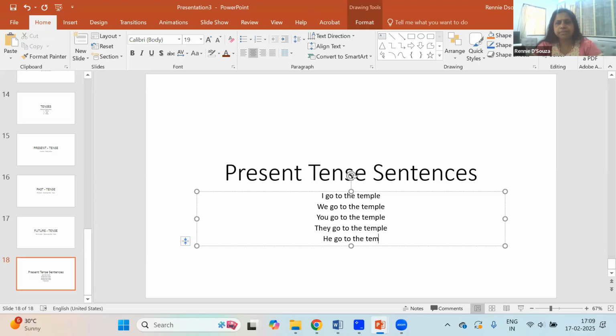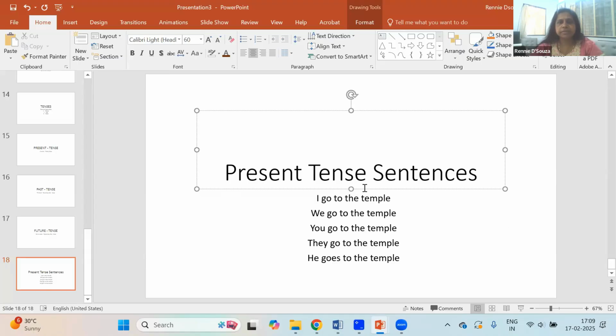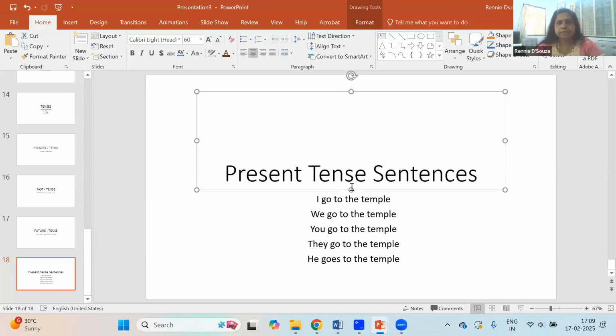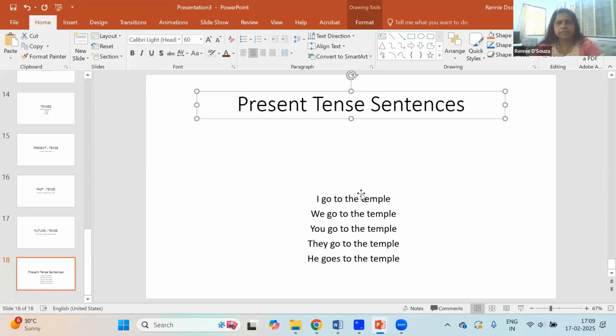Let us try to do the sentence with he. He is the subject. Again, go is the verb and to the temple is the object. But dear friends, in present tense we cannot use he go. We should say he goes to the temple.